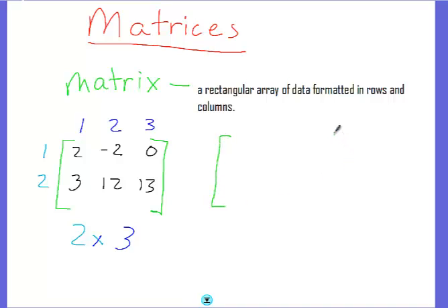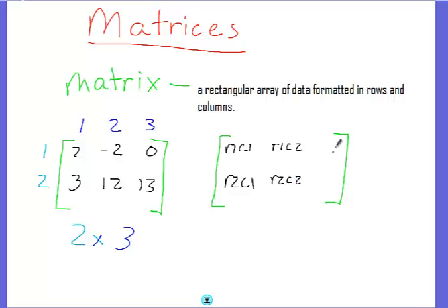So if we look here, in this matrix, knowing the position of each number is very, very important. The position is just where it is. So this is row 1, column 1. So this is R1, C1. Then if we go to row 2, column 1, and we're at 3, we're row 2, column 1.